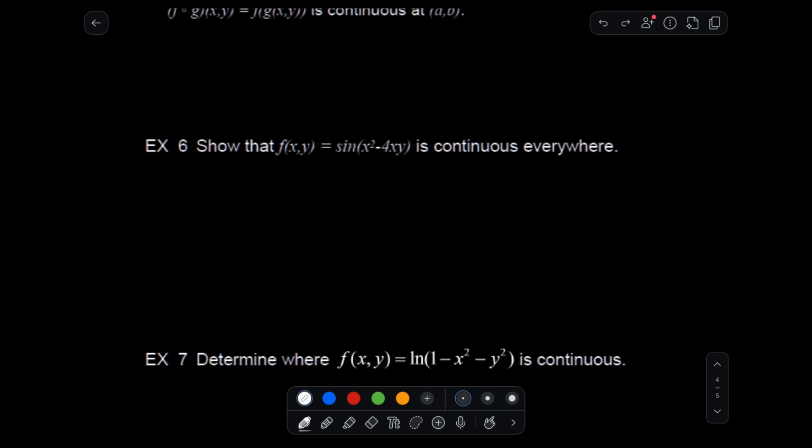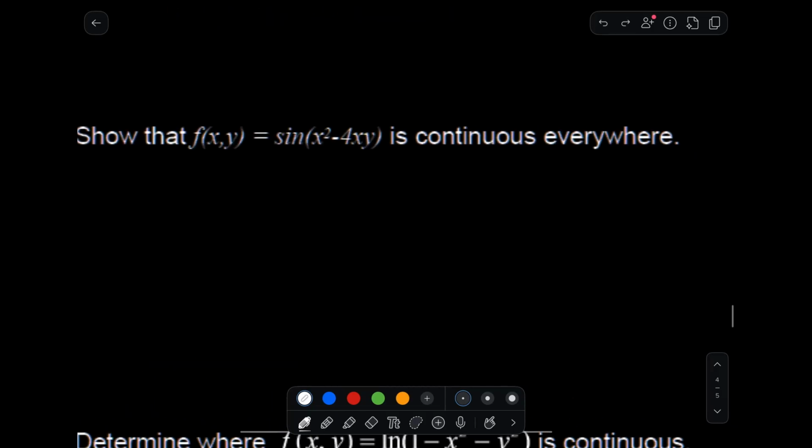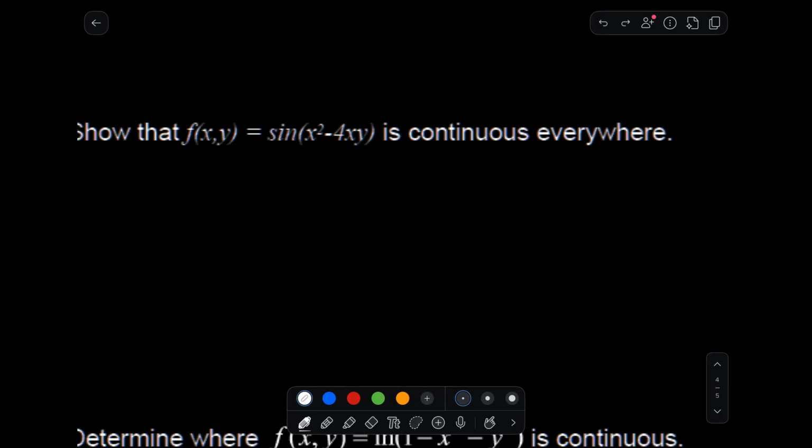And yeah, for example 6, we have to show that f of x, y is continuous for this function everywhere. And this one isn't that bad. So it's a composite function, so it's like f of g of x.